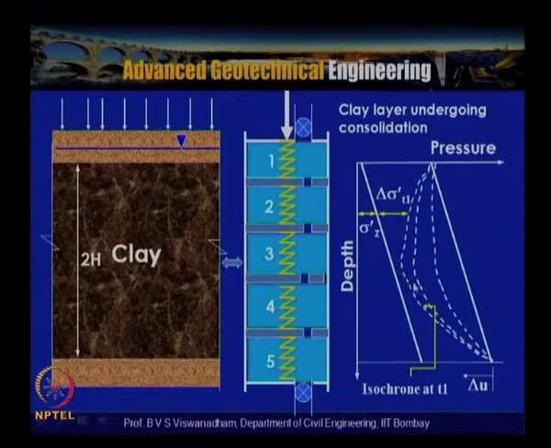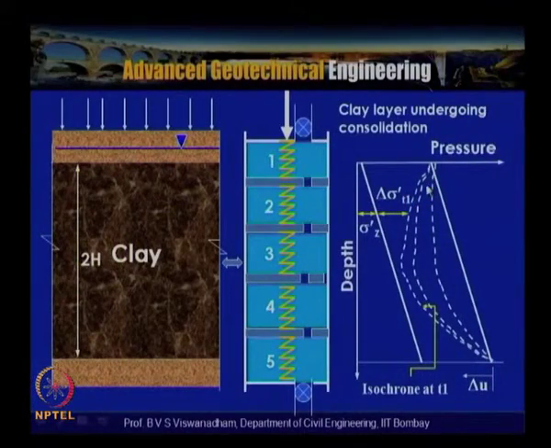But at the central point, at the mid depth of the clay layer, the hydraulic gradient is very low, delta u by delta z is actually 0, so the flow is virtually 0.